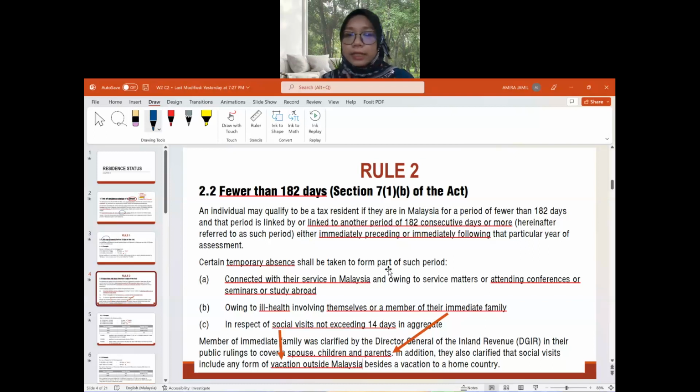And certain temporary absences shall be taken to form part of such period.